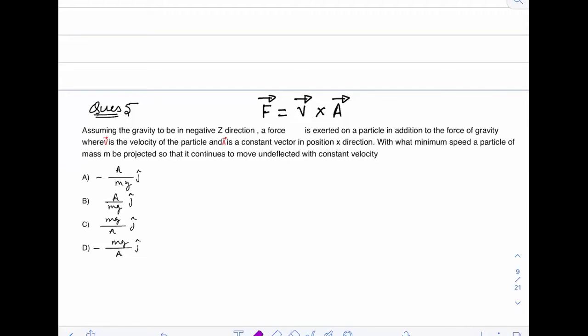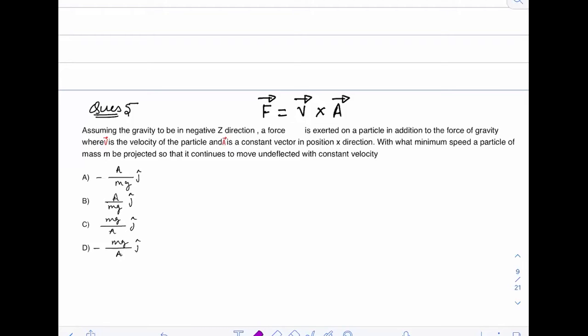The question says, assuming the gravity to be in the negative z direction, a force F vector equals V cross A vector is exerted on a particle in addition to the force of gravity. That means there are two forces: one is the gravity force and one is the force given in the question.